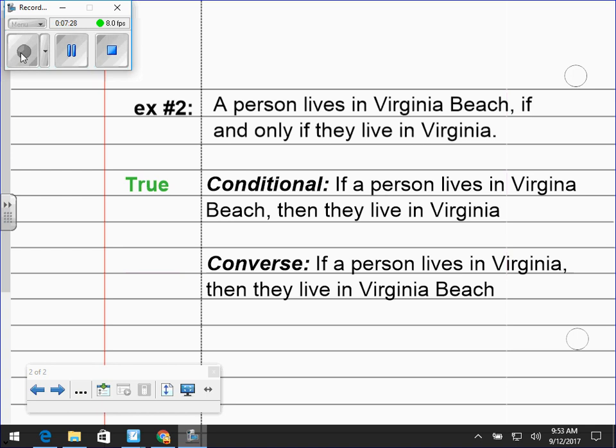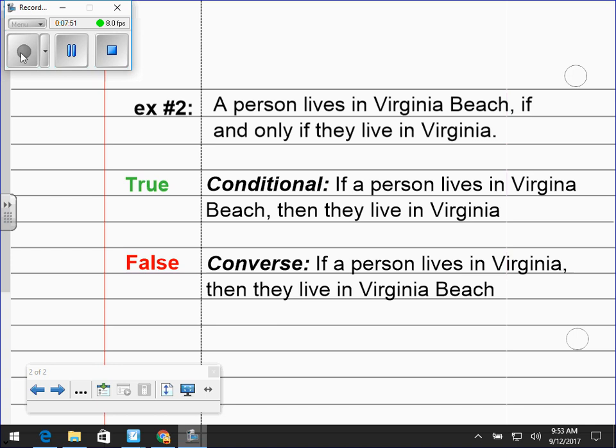All right, so is the converse true or false? False. Give me a counterexample. Charlottesville, Richmond, Chesapeake, Norfolk, Suffolk, all of that. So if you live in Virginia, it doesn't necessarily mean you live in Virginia Beach. Now we know the conditional was true. We know the converse is false.